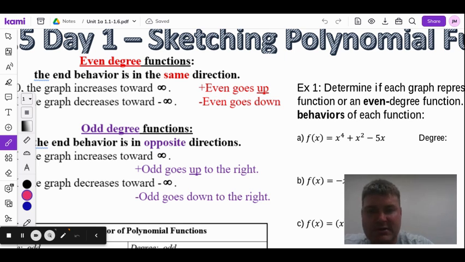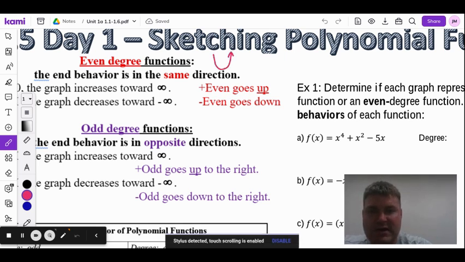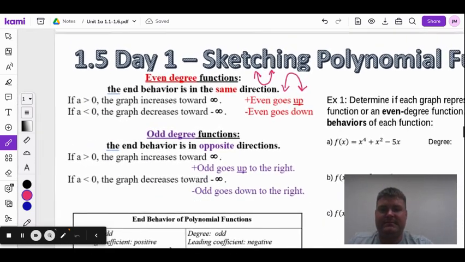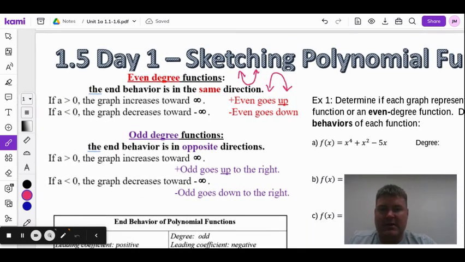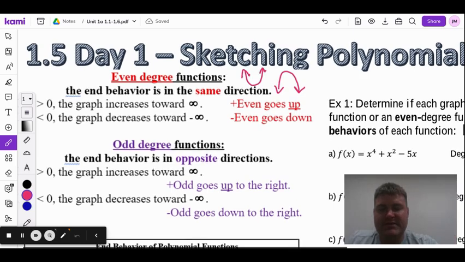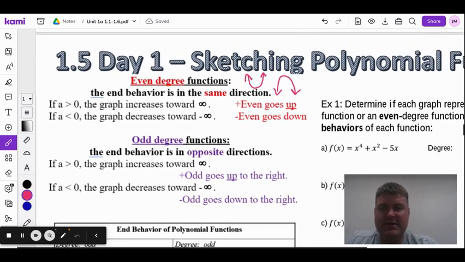I guess I'll do this in pink. It looks like that, or that, which is x squared. And as you notice here, our end behaviors are the same. So the end behaviors are in the same direction.